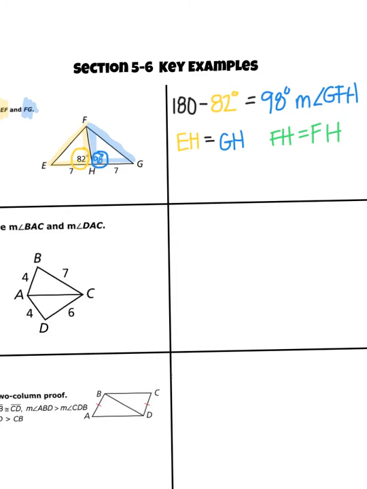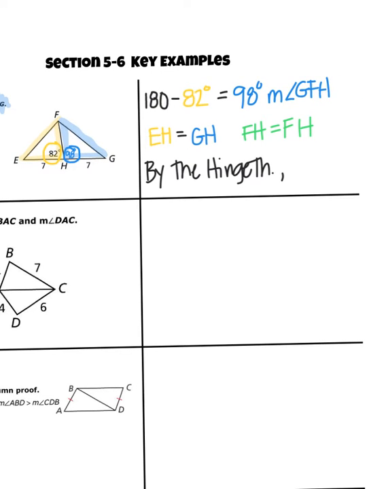So my final conclusion is that by the hinge theorem, I'm going to move my paper over one more time. By the hinge theorem, segment EF is less than segment GF.